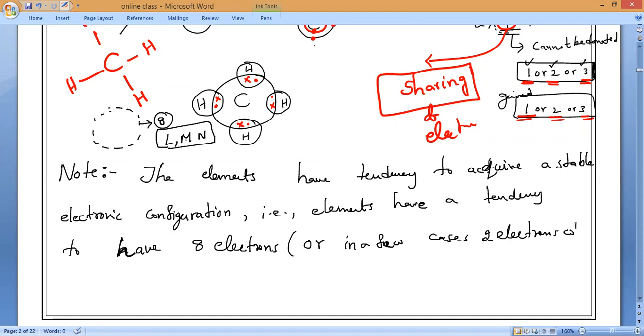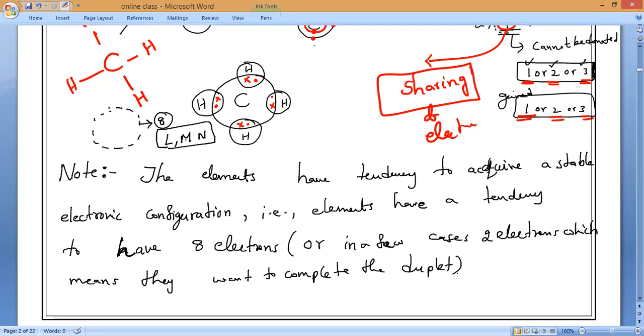Having only which shell? The K shell, which means they want to complete the duplet rule.